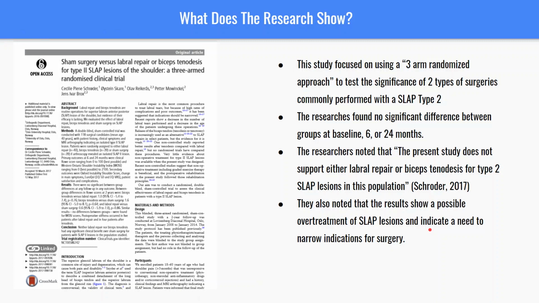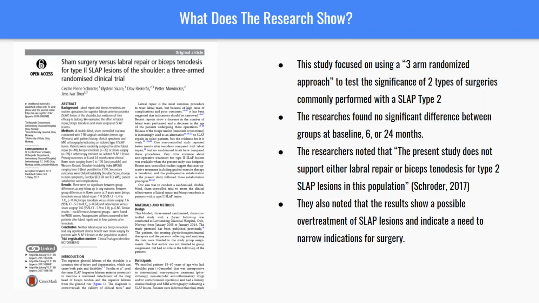We looked at a few research articles here looking at the difference between sham surgery versus labral repairs. If we look at this study, they focused on a 3-armed randomized approach to test the significance of two types of surgeries commonly performed with SLAP tears.